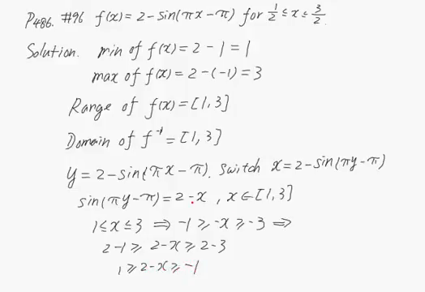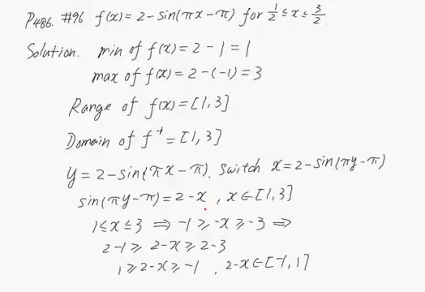So this value 2 minus x is indeed between -1 and 1. When we write this in this way, 2 minus x belongs to the closed interval from -1 to 1, which is the domain of the inverse sine, right?